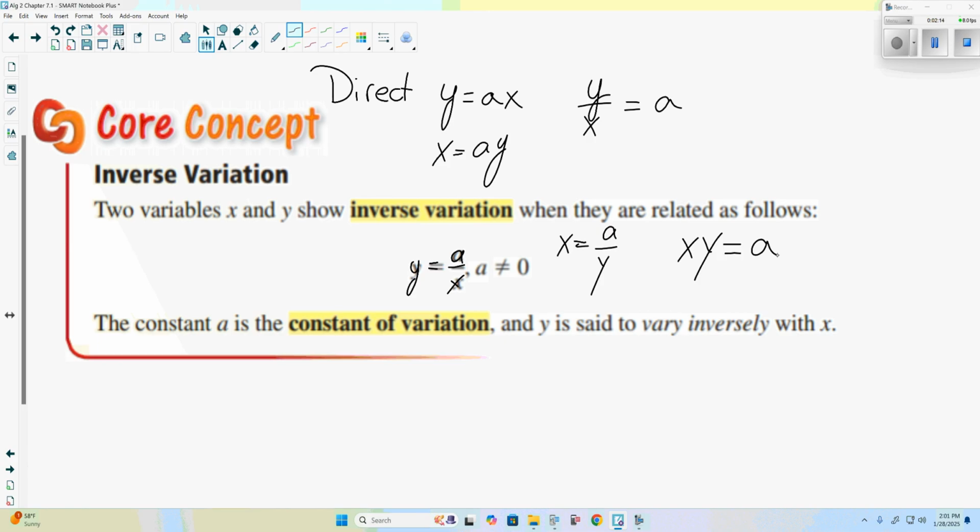Now, with inverse variation, as say x increases, the value of y is going to decrease because they're inverse. They're going to act in opposite directions. As one increases, the other is going to decrease, or as one decreases, the other is going to increase. They're going to go in opposite directions by this constant amount, a. Questions on this here?